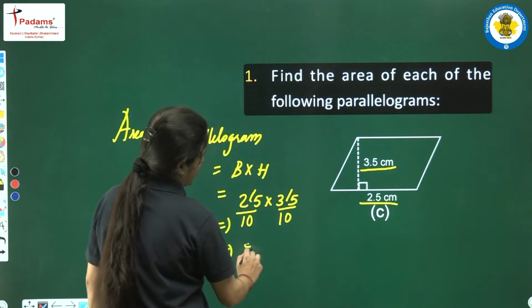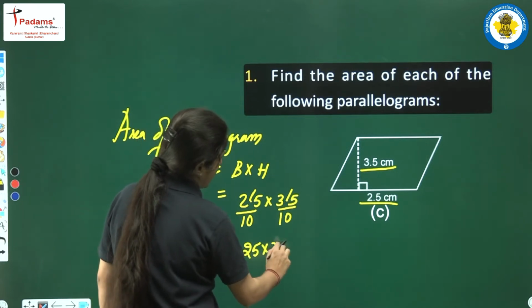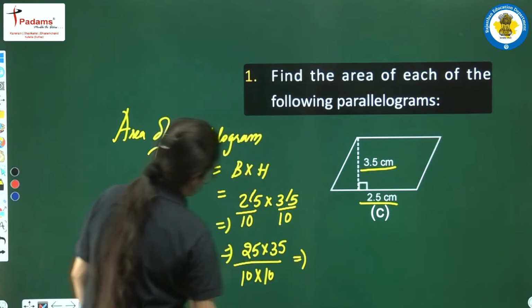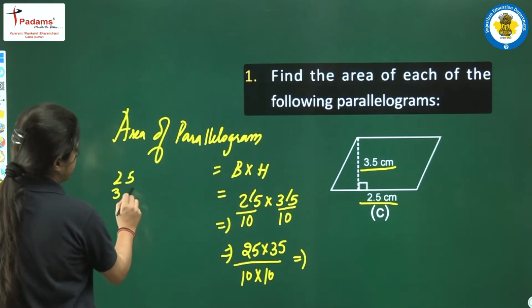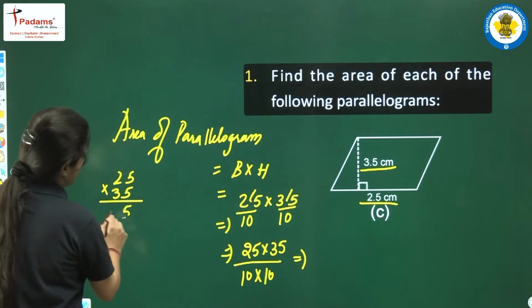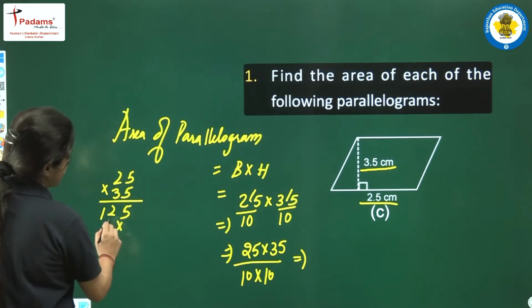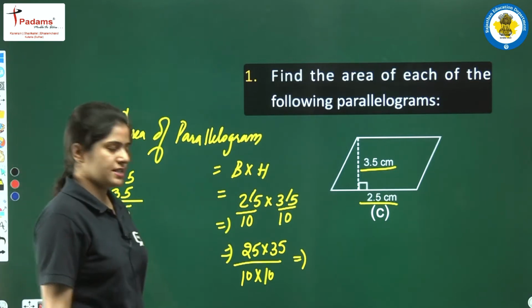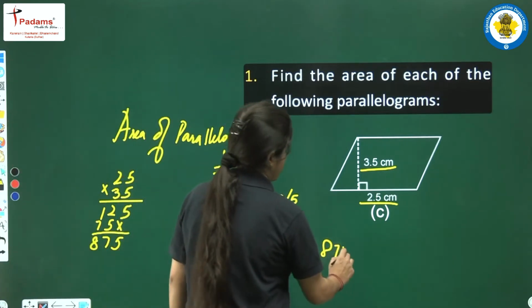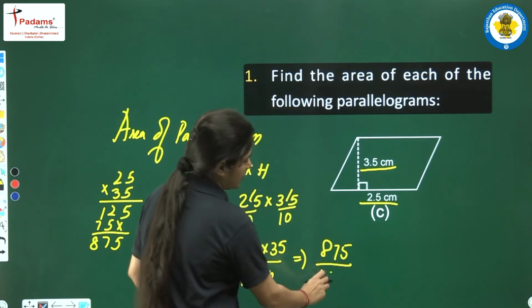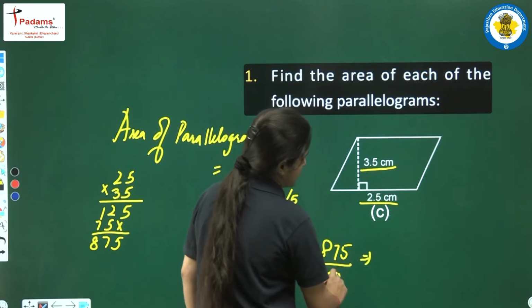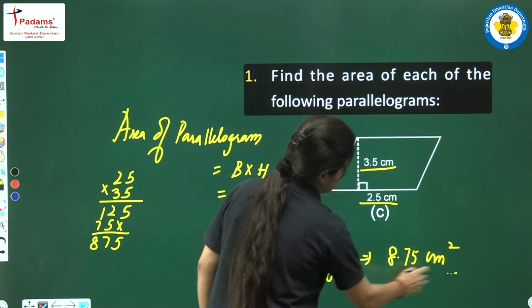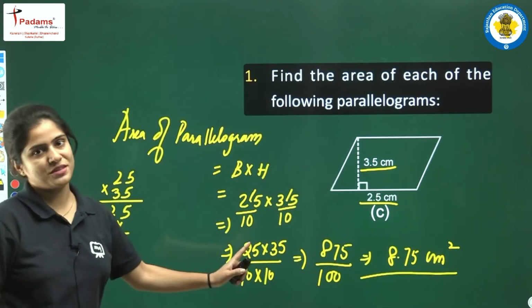So students, 25 into 35 upon 10 into 10, right? So students, 25 multiplied by 35 is equal to 875, over 10 into 10, 100. So 875 over 100 is 8.75 centimeter square. This is the area of the parallelogram.